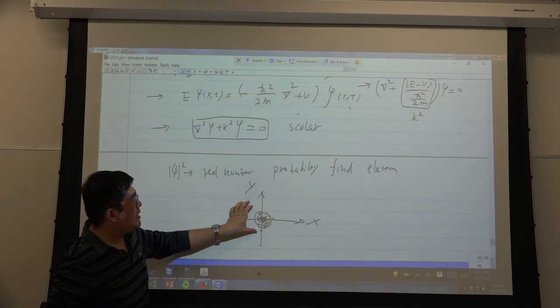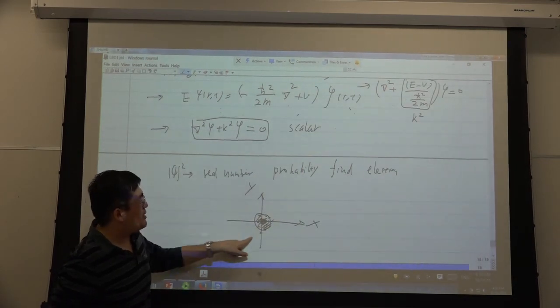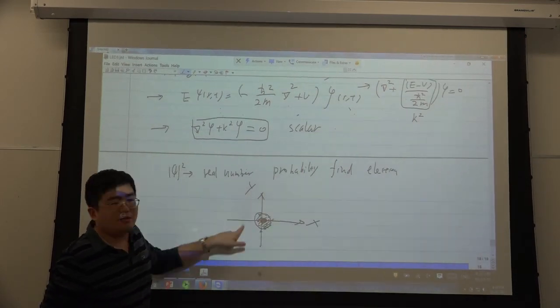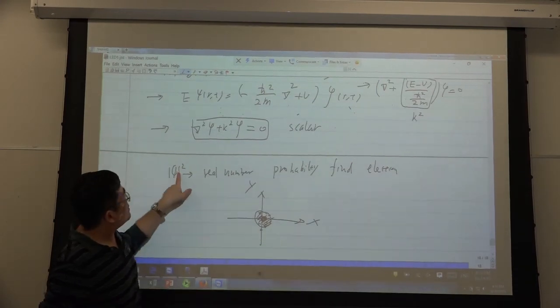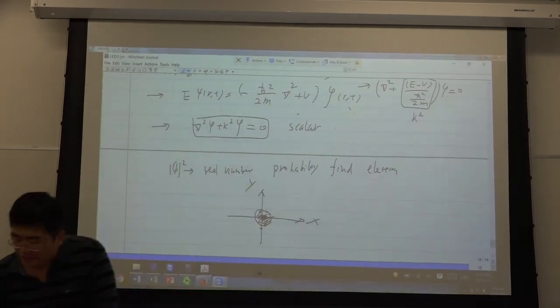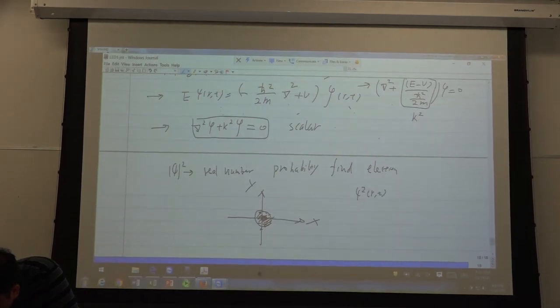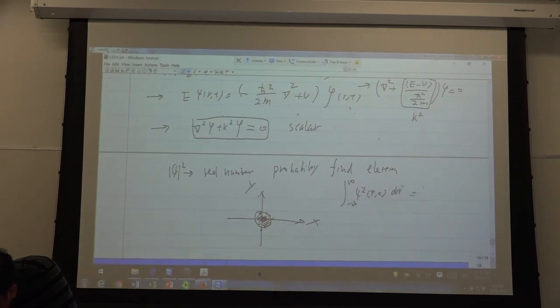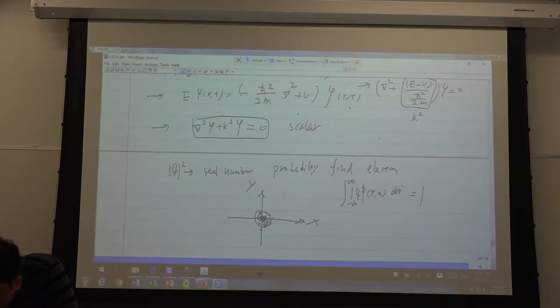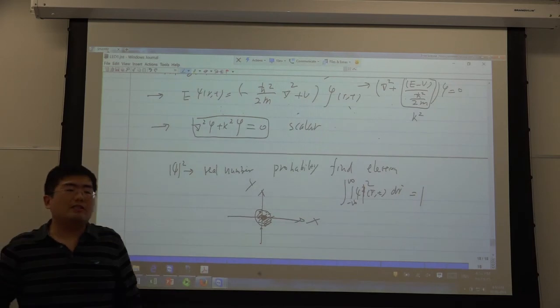If this is smaller, it means it has a very little probability to find the electron around here. So phi square gives the probability, and the integral of phi square over r from minus infinity to infinity equals 1. It's a probability.